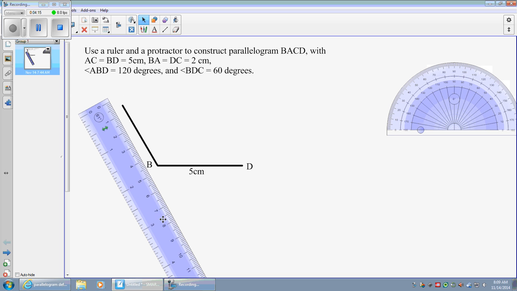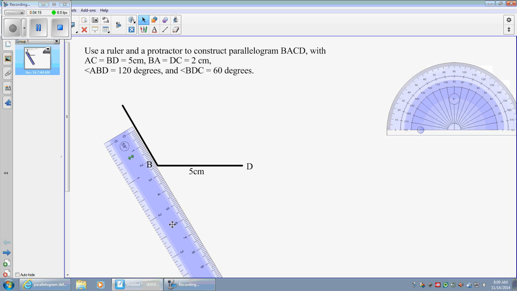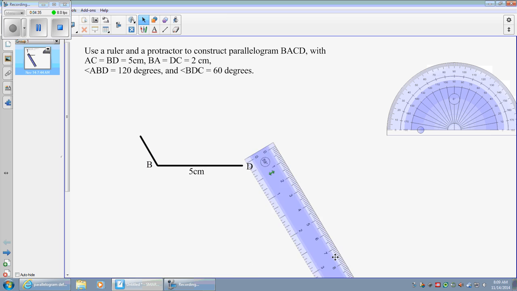So from where B is, let's get that lined up, I need to make a 2 centimeter line. Perfect, 2 centimeters.